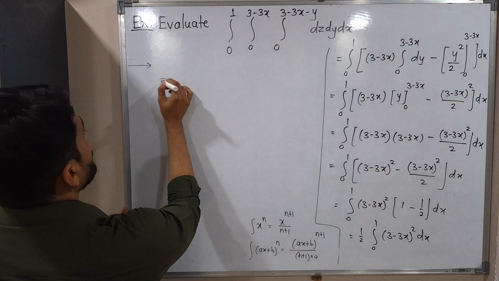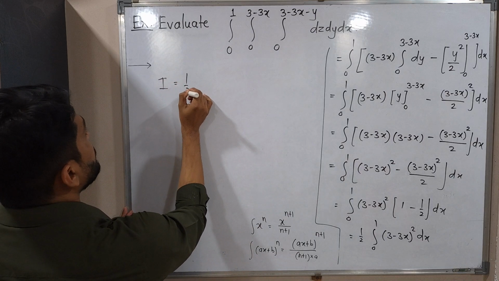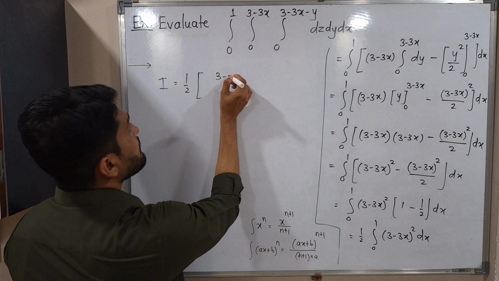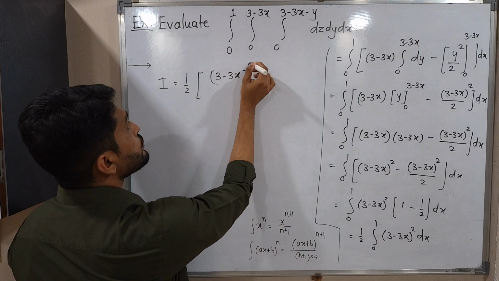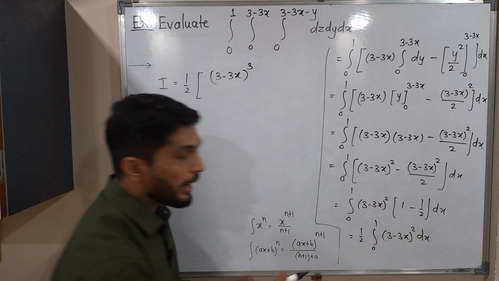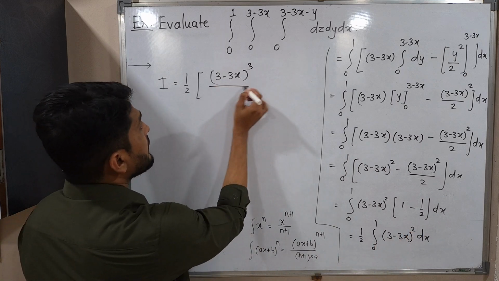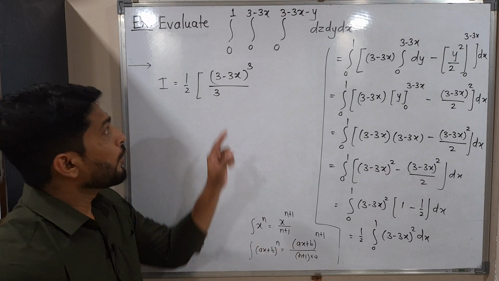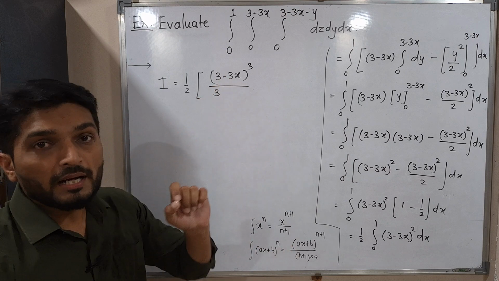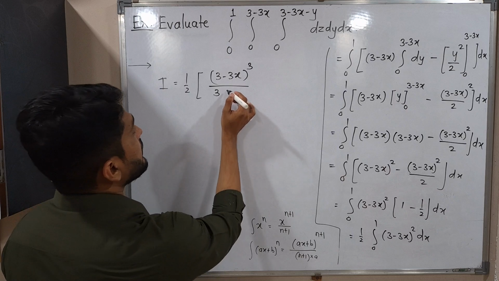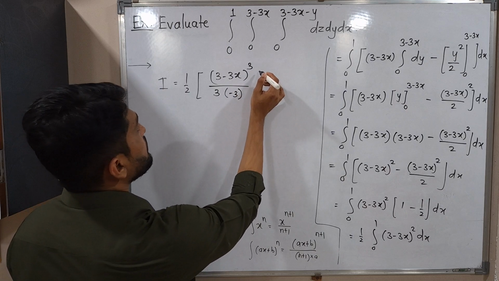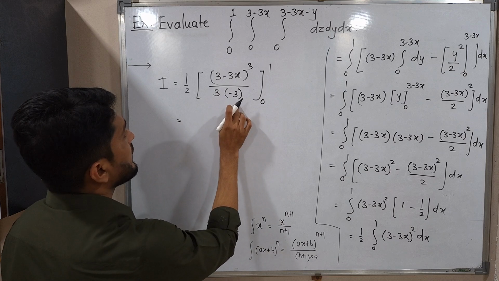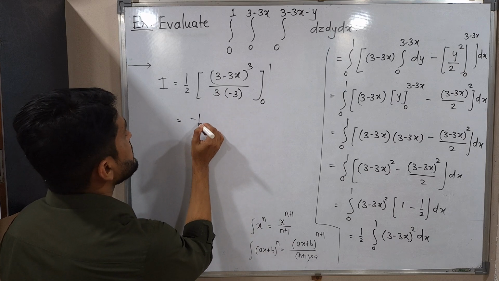So I is equal to 1 by 2. Agree? Its integration (3 minus 3x) raised to 3. Power is 2, I am increasing it by 1, divided by 3. That's it. The same formula I use. But what is the multiple of x here? Minus 3. That thing should be written in the denominator. Minus 3. And limits 0 to 1. So it is minus 9 into 2, minus 18.